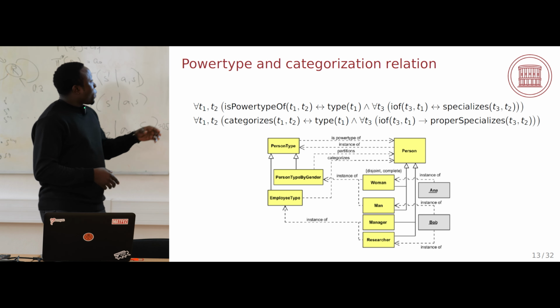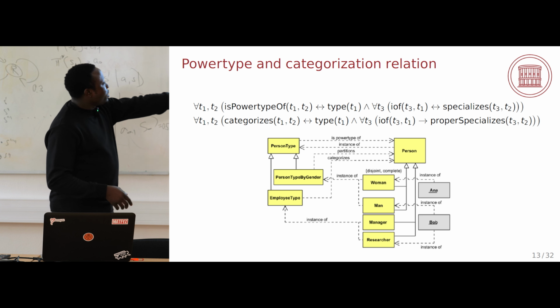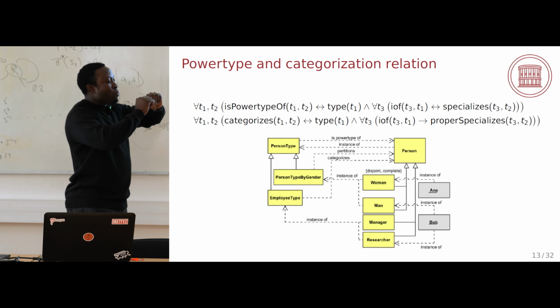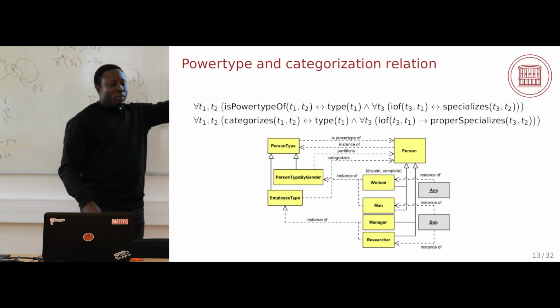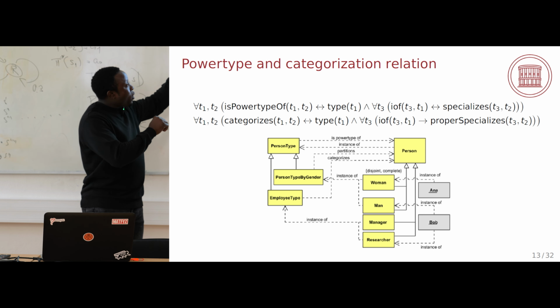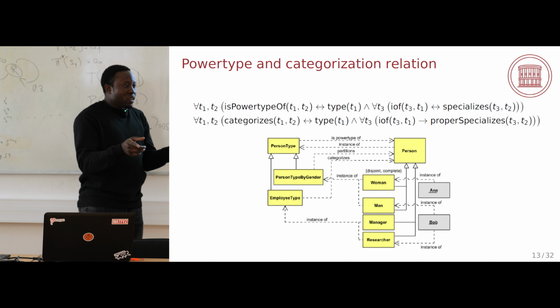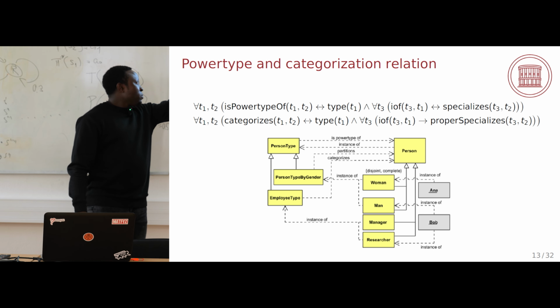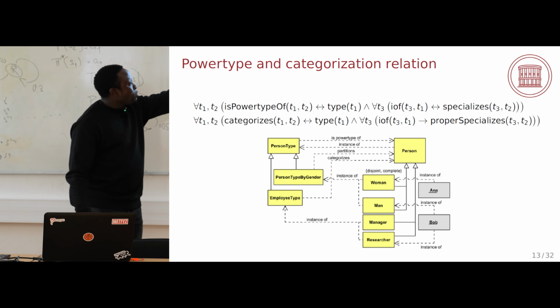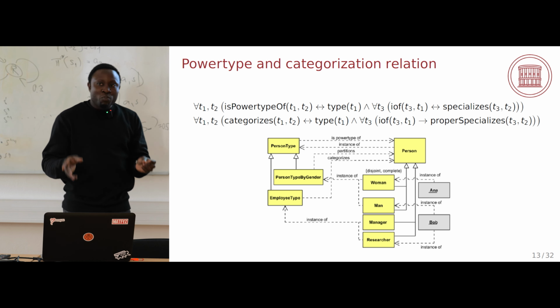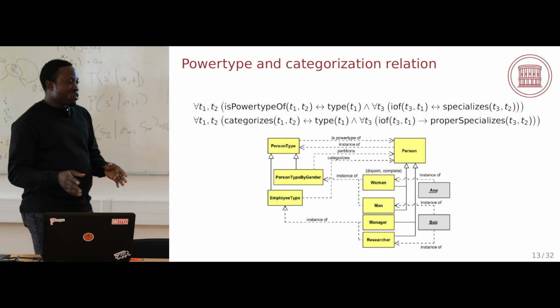So, for example, if you look at this diagram here, we see that the class person type exhibits a power type relationship with the class of persons, because the power type relation is similar to the idea of power set. It means that every specialization of the class of persons is an instance of the class of person type. So it's just the idea of power set. That's what the power type relation is all about.